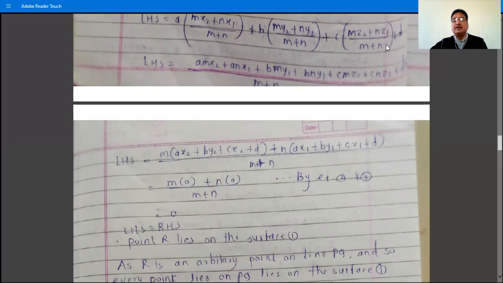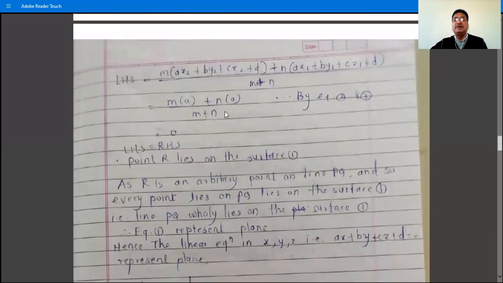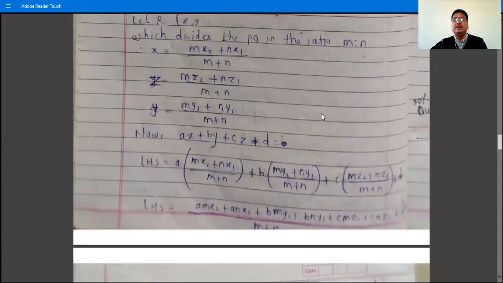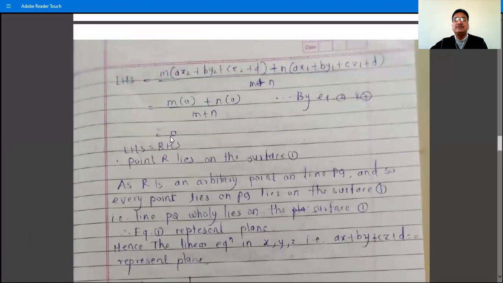From the remaining terms take n as common, so we have in bracket (ax1 + by1 + cz1 + d), divided by (m + n). And the values of these two brackets are 0 by using equations number 2 and 3, and therefore we have the answer 0.